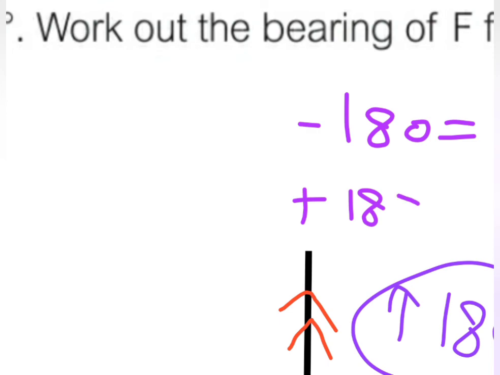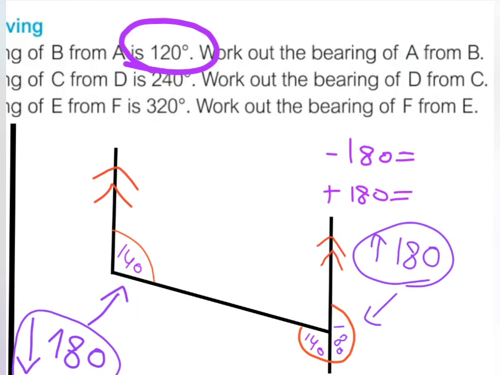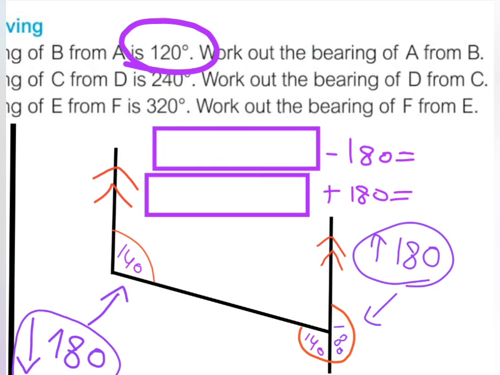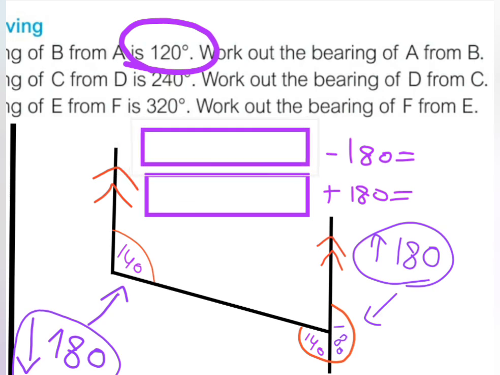Let me write this. Yes, if the angle is smaller than 180, I'll give you the rule here, you just add 180 to it. If it's bigger than 180, you subtract 180 from it.